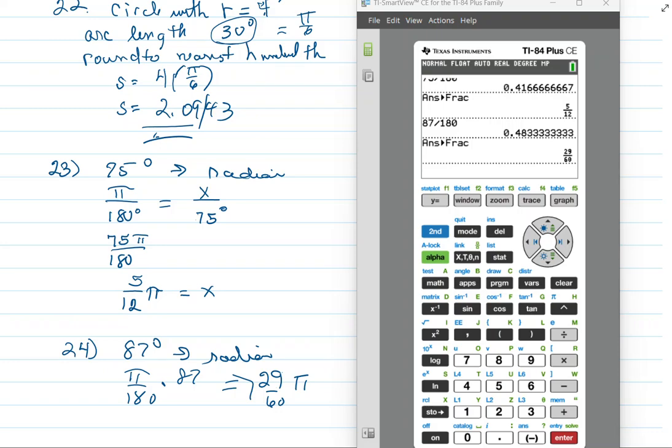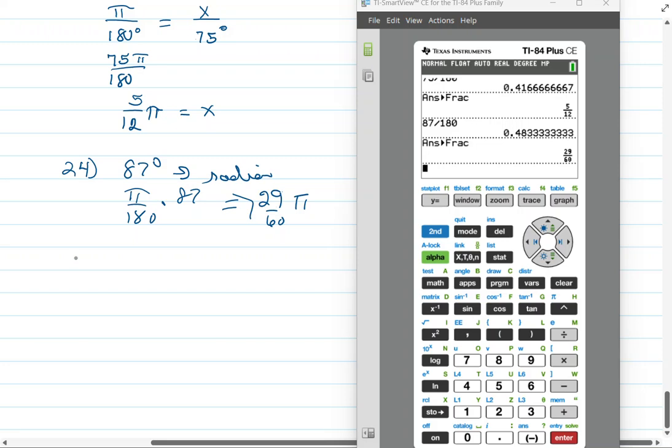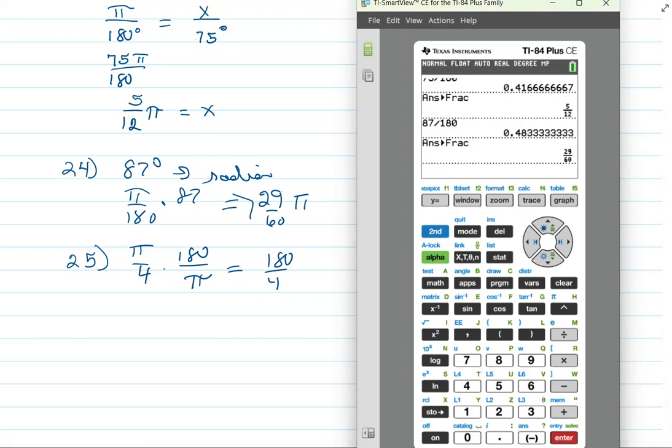Then convert angles in radians to degrees. We just flip it. And so that'll give me 180 divided by 4. And what is that? 45.